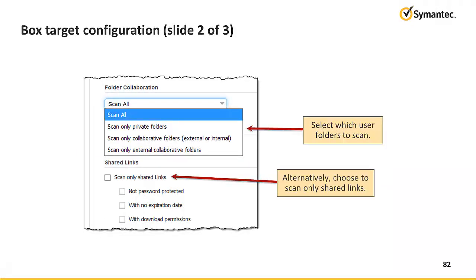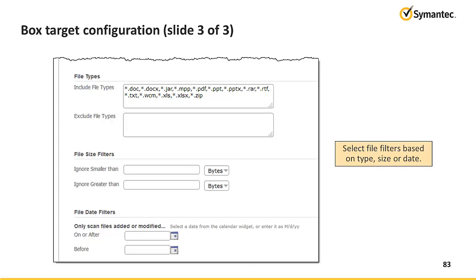You can also configure options for filters on user folders, whether all, private folders, external and internal collaborative folders, or external collaborative folders, and for shared links, not password protected, with no expiration date, and/or with download permissions. The remaining filter options for Box targets are the typical include-exclude file type filters, file size filters, and file date filters common to most Symantec DLP target types.